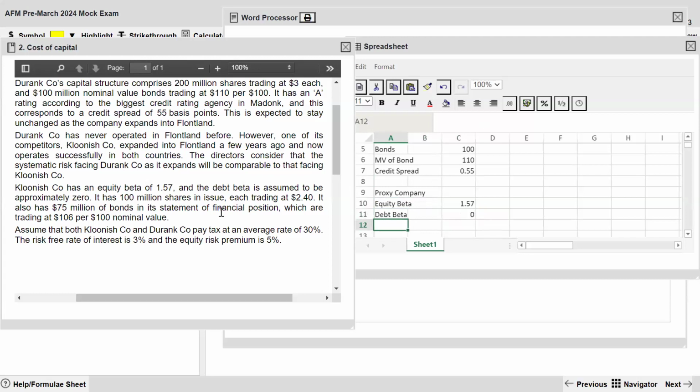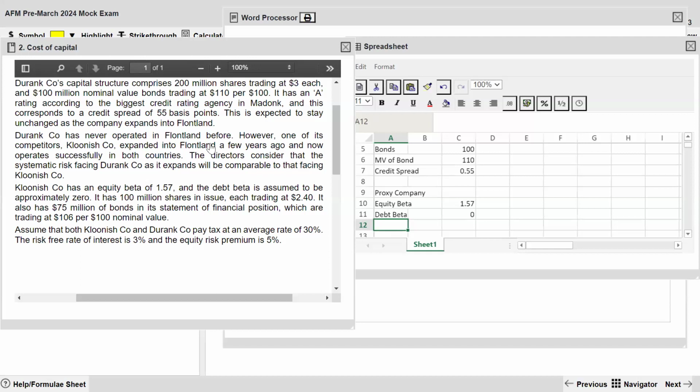So you have got an equity beta of 1.57 and a debt beta of 0.